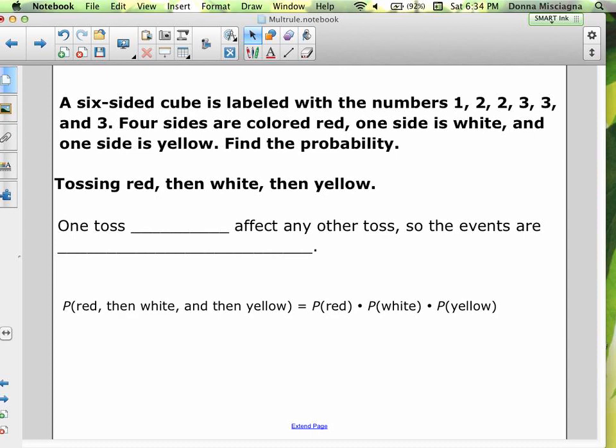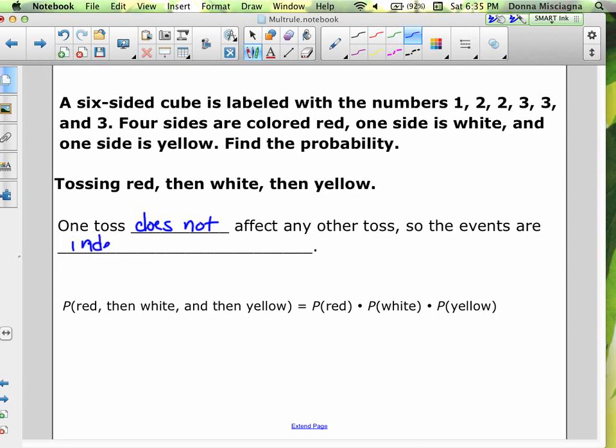Same dice as before. This time we're not interested in the numbers, we're interested in the colors. So we want to toss a red, then toss white, and then yellow. One toss does not affect any other toss. These are independent events.